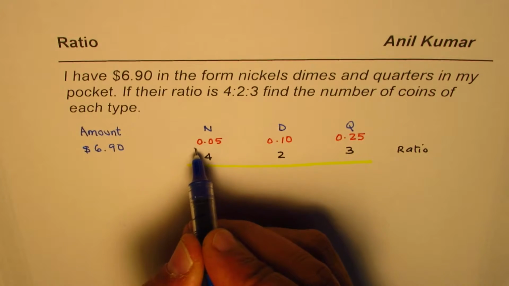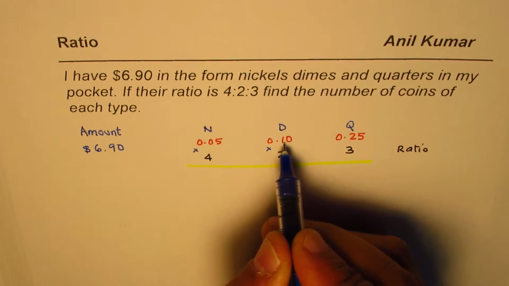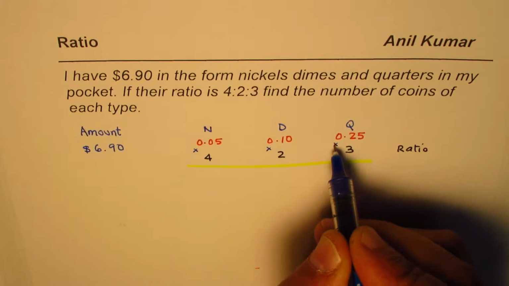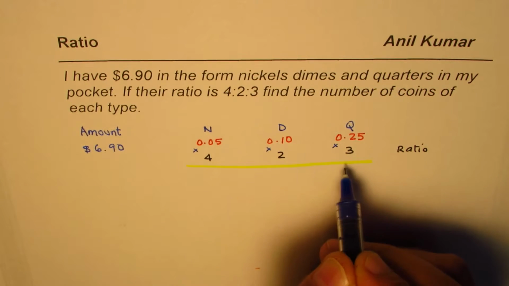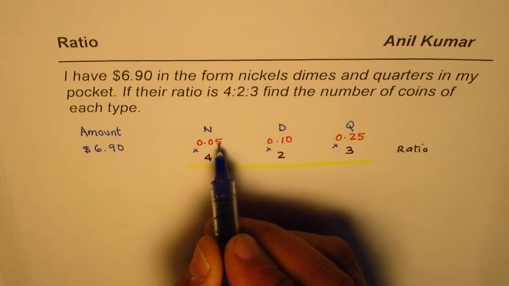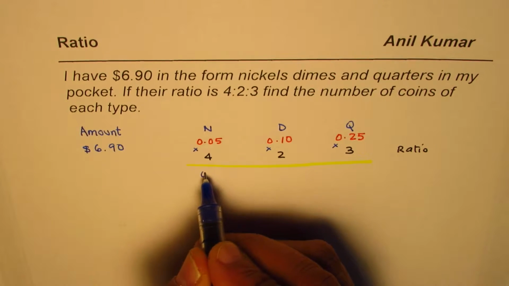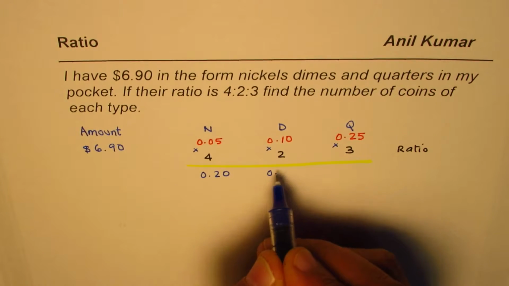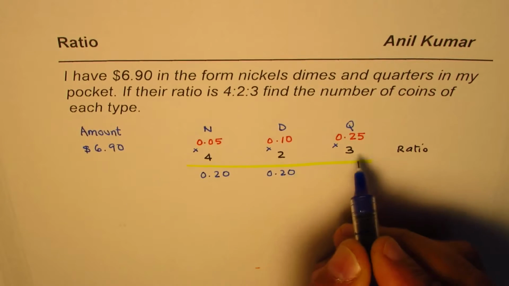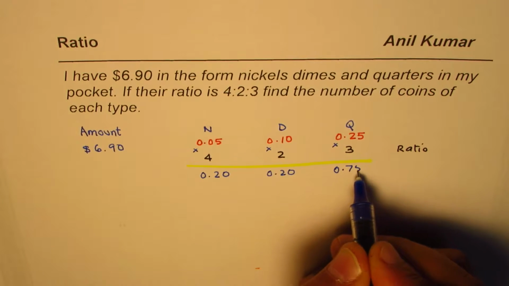So we can multiply 0.05 by 4, 0.1 by 2, and quarter value of 25 cents by 3 to get the amount, right? So 4 times 0.05 will give us 0.20, right? And here we get 0.20. And when you multiply 3 by 0.25, you get 0.75.